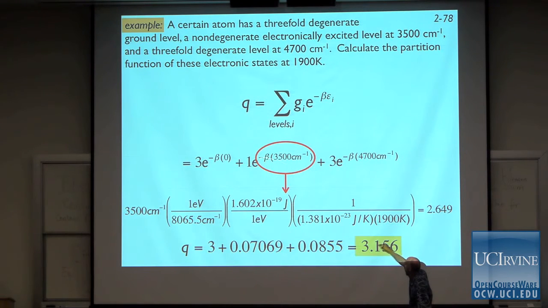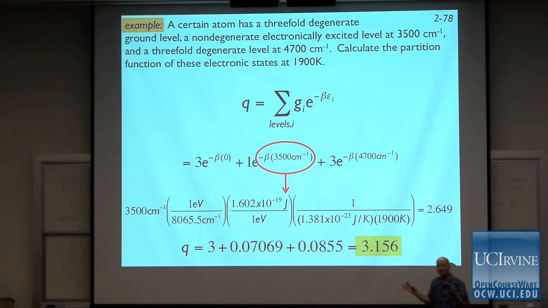There will be a minus sign in front of that. So these three terms are: 3, because that's just e to the 0 times 3; this one turns out to be 0.07069; and this one turns out to be 0.0855. Add them up, I get 3.156.